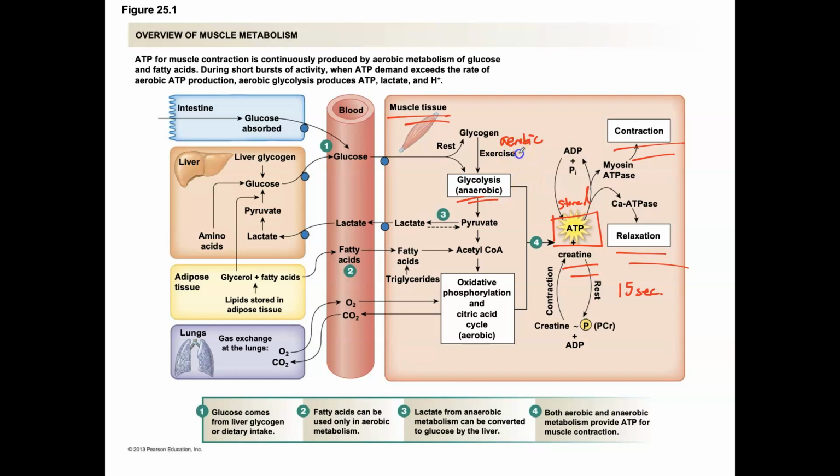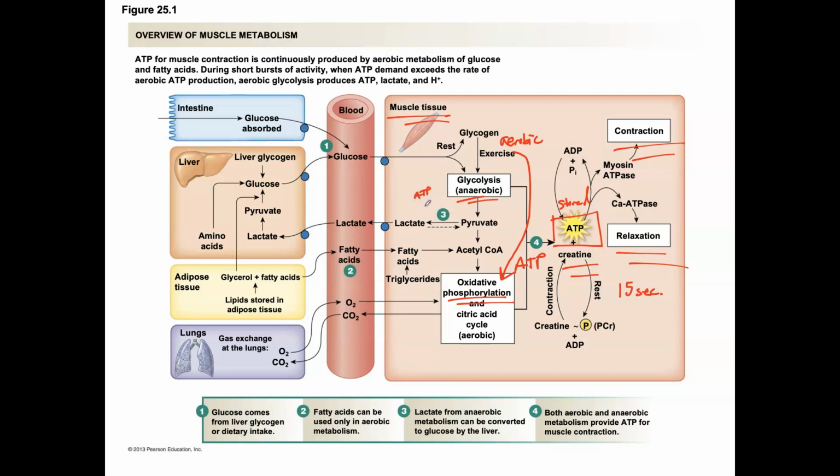Now, we want to stay in aerobic as much as possible so that we can have oxidative phosphorylation and make large amounts of ATP. If we are in anaerobic, we're going to make small amounts of ATP.